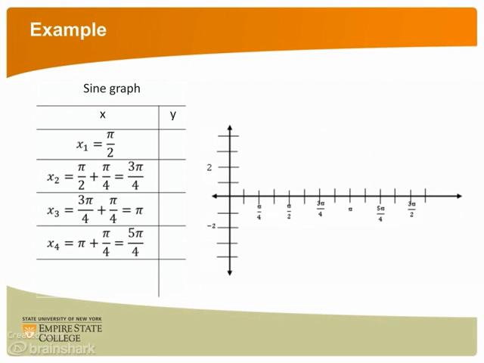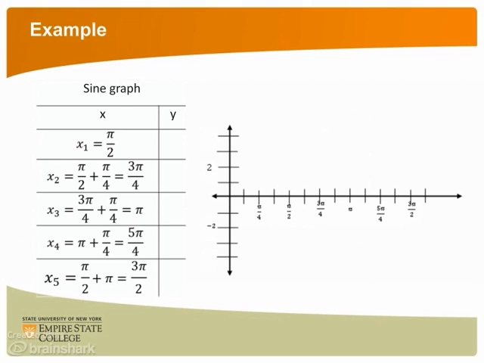Repeat the process, and we wind up with 5 pi divided by 4. Our final x value is the phase shift plus the full period, or pi over 2 plus pi, which equals 3 pi divided by 2.